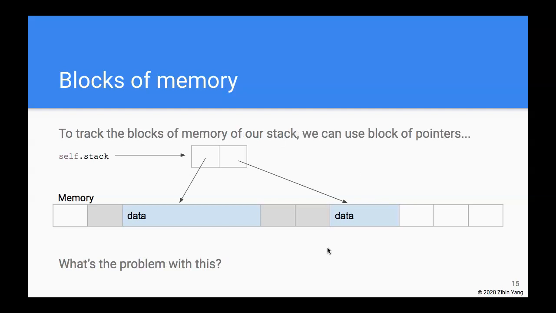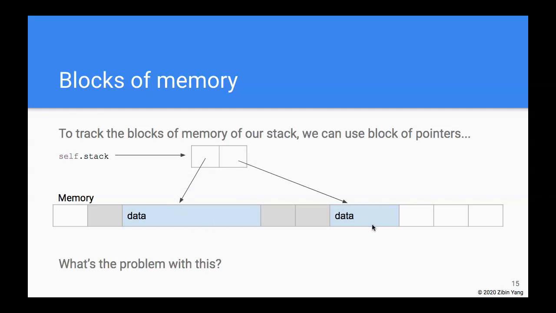One way you might think of is that we can allocate a block of pointers, and each of these pointers would point to each of our blocks that store the data, right? So for data that's broken up into two different blocks, we need two pointers, each pointing to these two blocks.